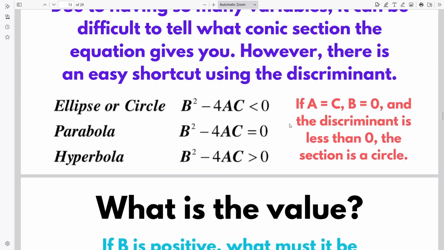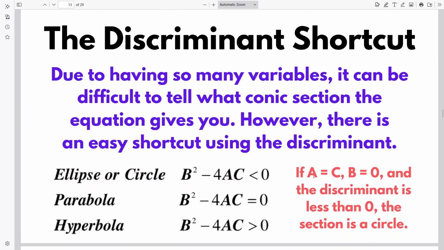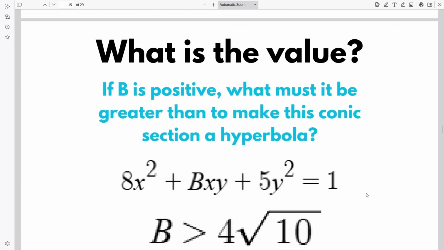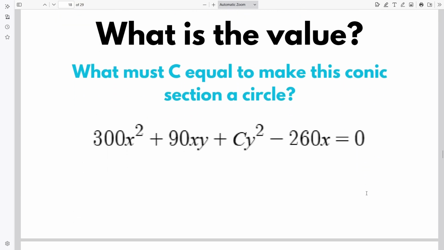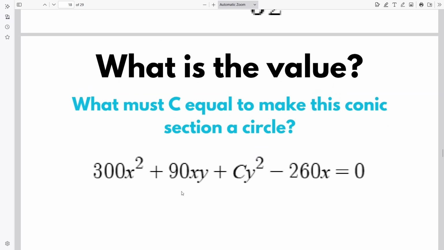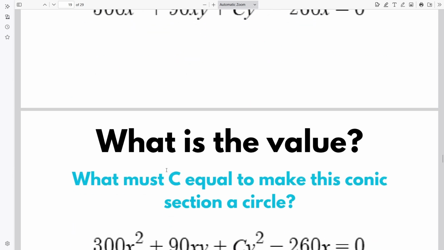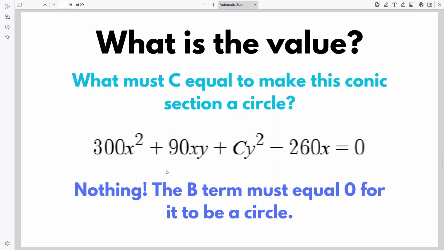Remember, a equals c, b equals 0, and the discriminant is less than 0: it is a circle. Down here you'd say that of course it would have to equal 300, but no, because b is not 0. So, unfortunately, nothing works.